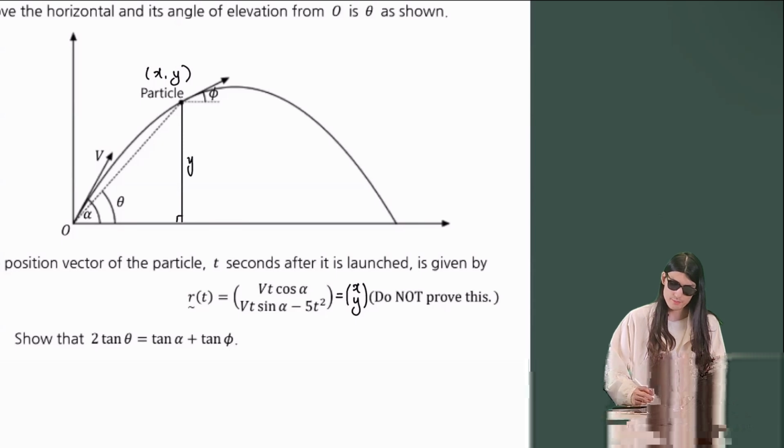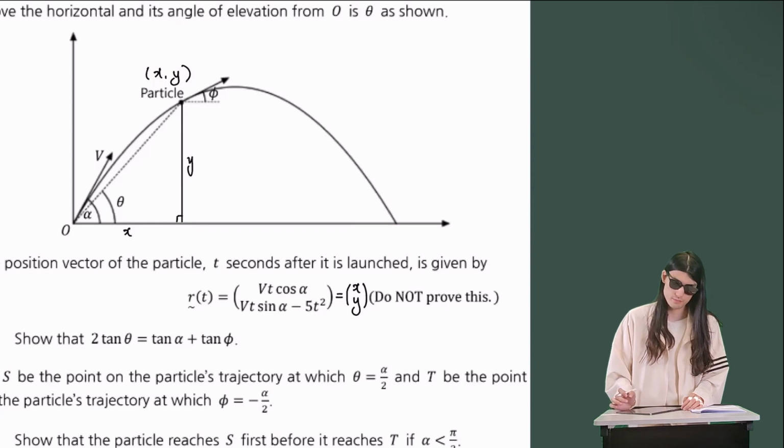Where the opposite side of theta is of course equal to y, and the adjacent side of theta is equal to x, isn't it? This right angle triangle.